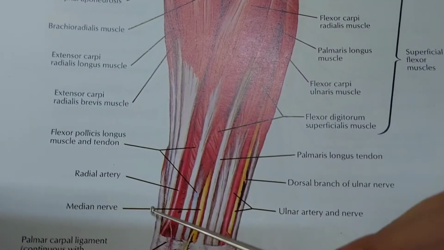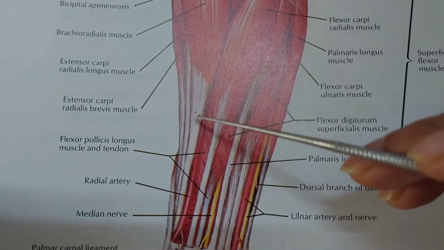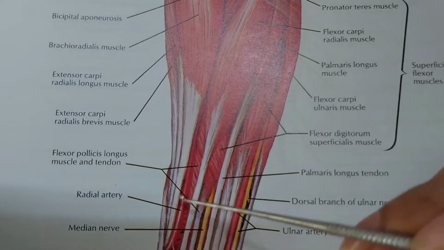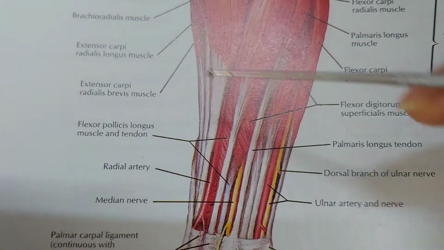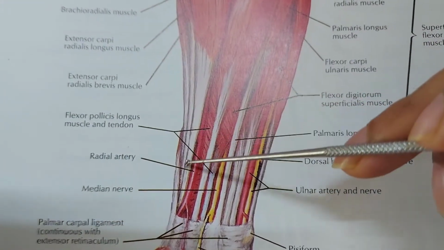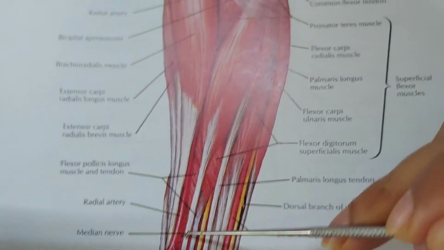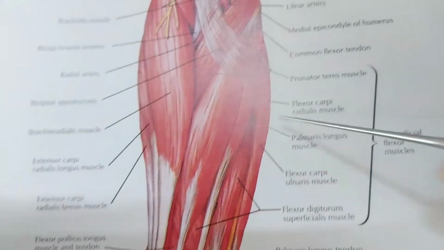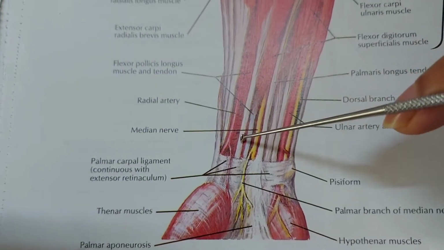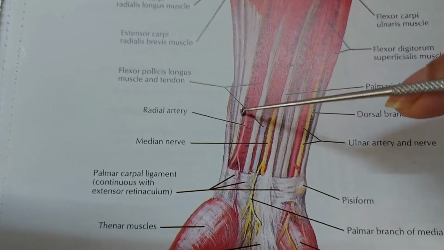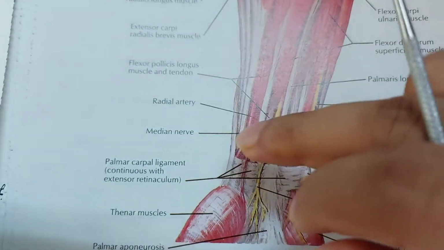In the lower part of the forearm the artery remains very superficial, between the tendon of the brachioradialis and the flexor carpi radialis muscle. This is the tendon of the flexor carpi radialis, and this is the brachioradialis tendon. In between these it is very superficial.